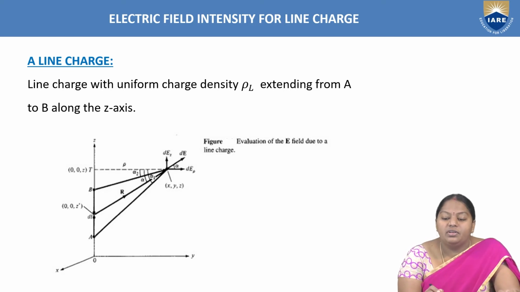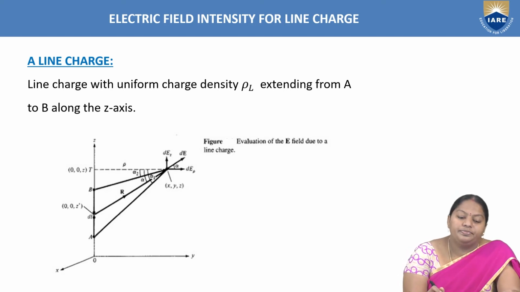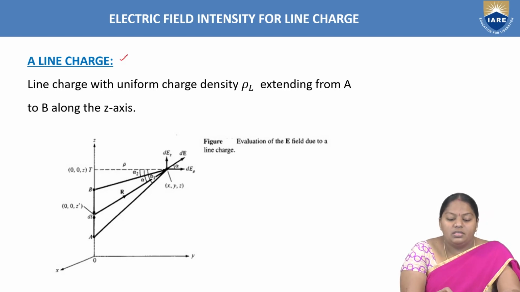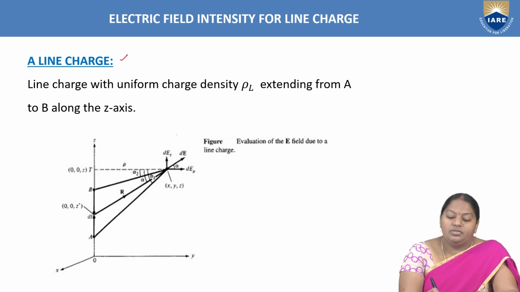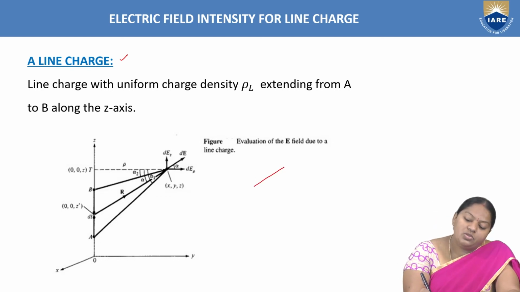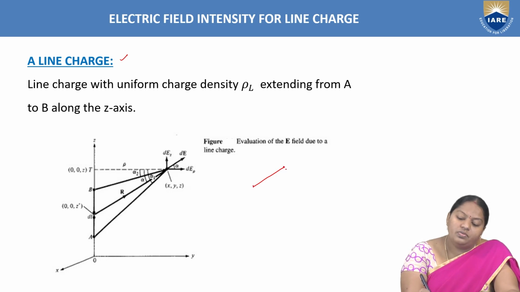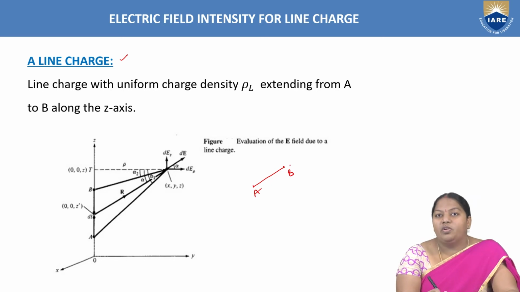Electric field intensity for a line charge we have considered. Here, if you consider the simple figure, this is the figure we have considered for the evaluation of electric field intensity E due to a finite line charge and for an infinite line charge. For a finite line charge, the length of the conductor is considered between two finite points.